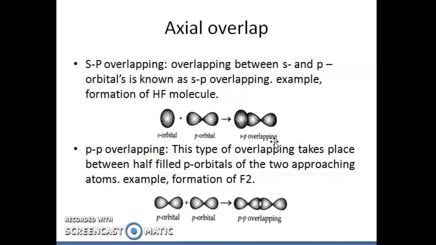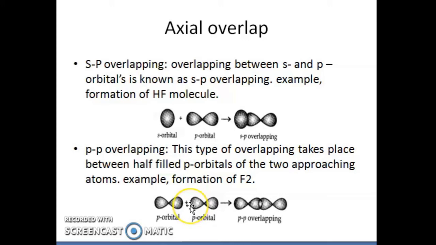Both atoms taking part in the formation of the bond have overlapping of p orbitals. For example, the formation of F2 follows the concept of PP overlapping.